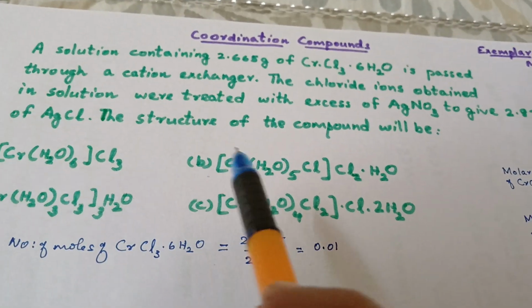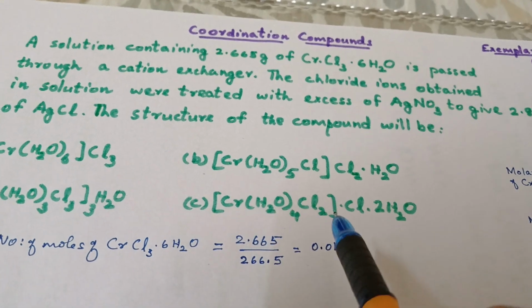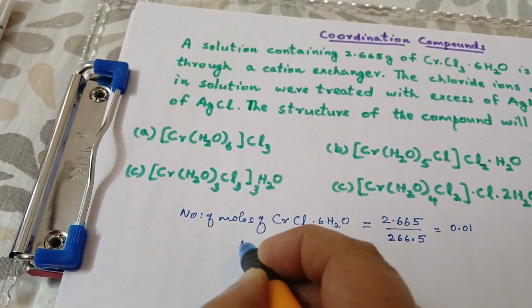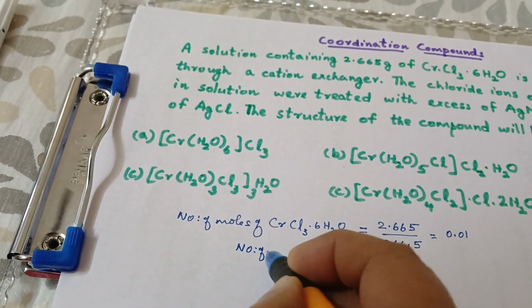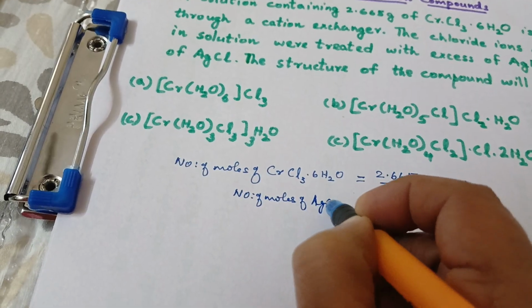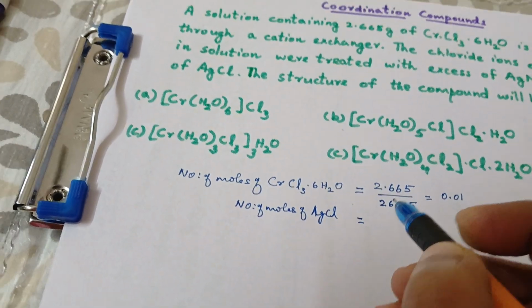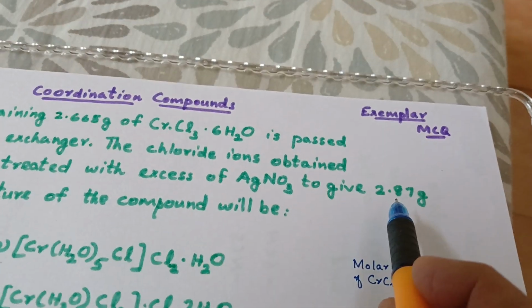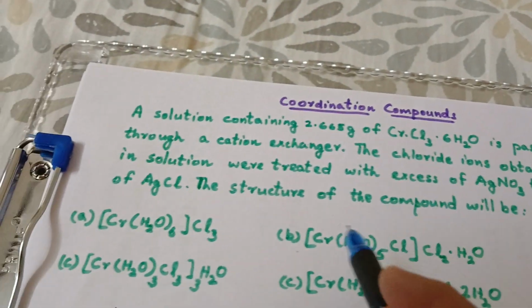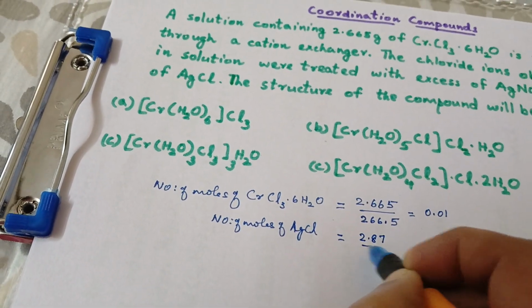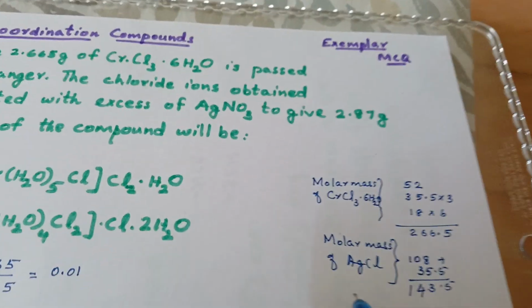Now, the chloride ions obtained in solution were treated with excess of AgNO3 to give 2.87 grams of AgCl. So let us find how many moles of AgCl are produced. Number of moles of AgCl equals weight in grams, 2.87, divided by the molar mass of AgCl.